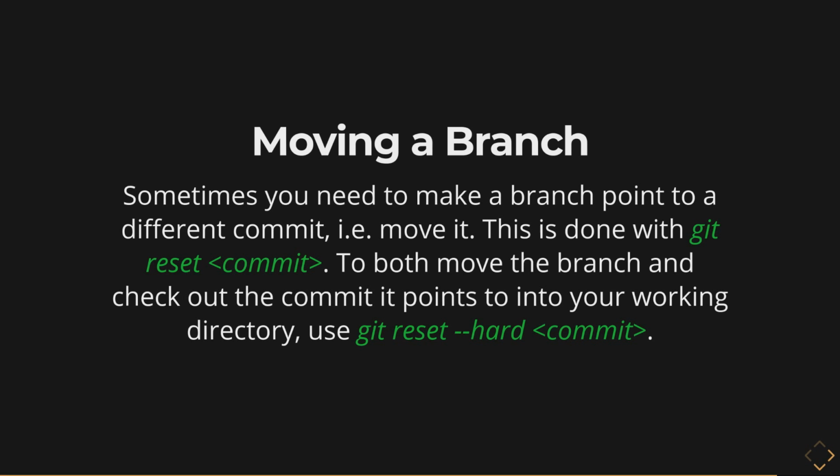Then, of course, if you just reset a branch, all that will happen in Git is that the branch pointer moves, nothing else. If you run git reset commit, nothing will happen inside your working directory. If you want to reset your branch and check out the commit that you're resetting to, you can use git reset --hard. You can do a hard reset.